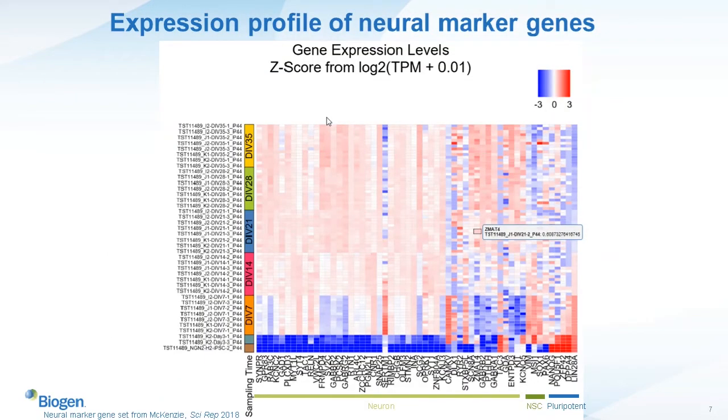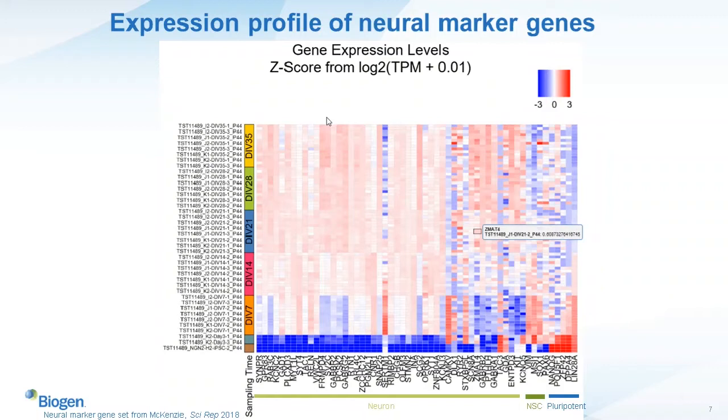Here is the gene expression heat map of neuron markers, neural stem cell markers, and pluripotent markers. The marker gene list was slightly modified from the 2018 paper listed on the bottom by adding pluripotency markers. Pluripotency markers on the right are expressed in undifferentiated cells, and the expression goes down with time.